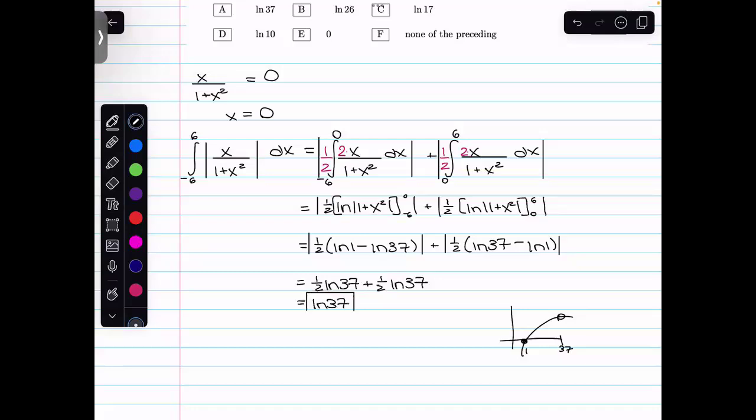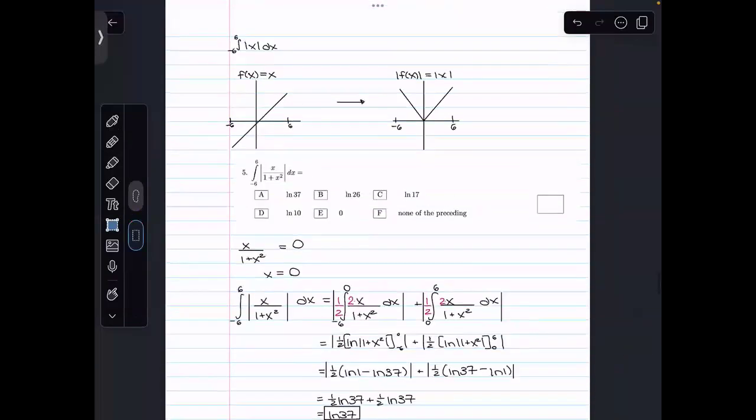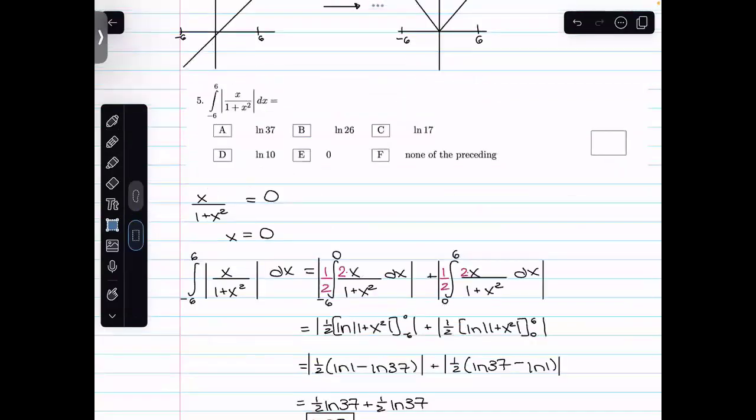And this is also equivalent to if they ask you to find the area between the function and the x-axis. It's equivalent to just putting an absolute value like this. So it's the same thing if they asked you to find the area between this function and the x-axis.